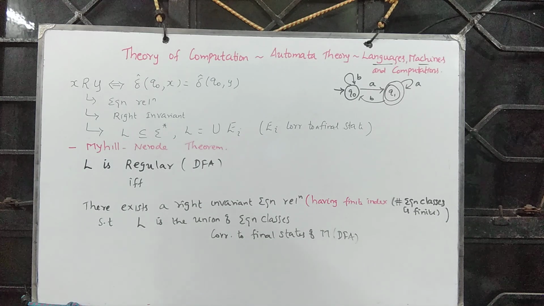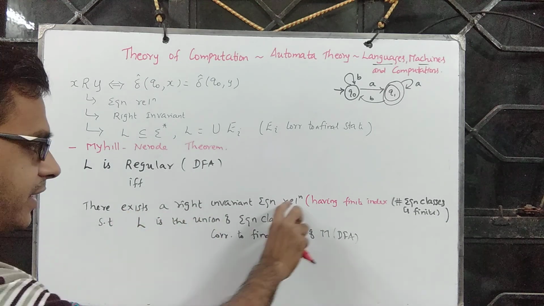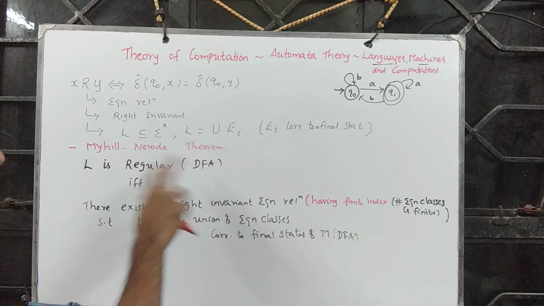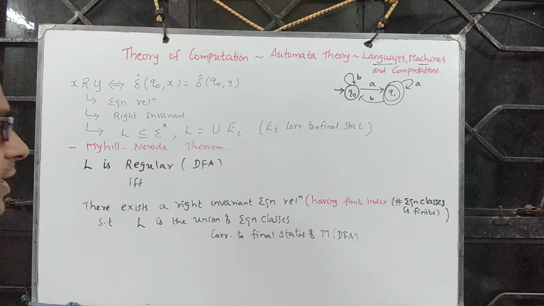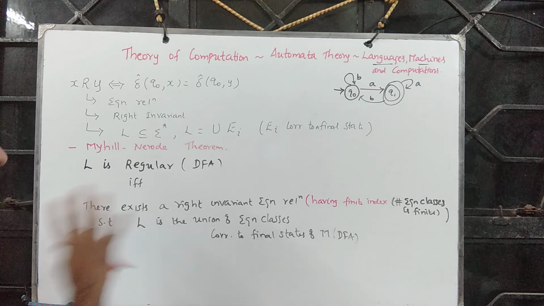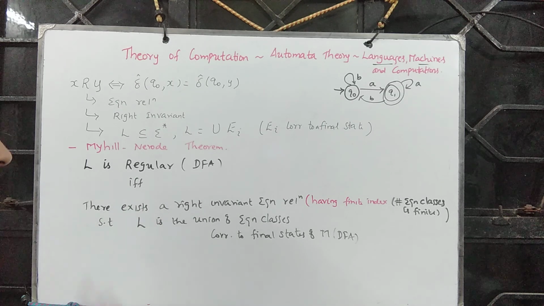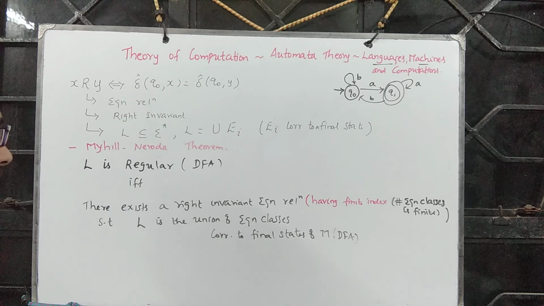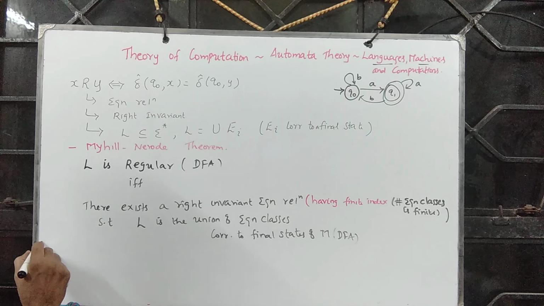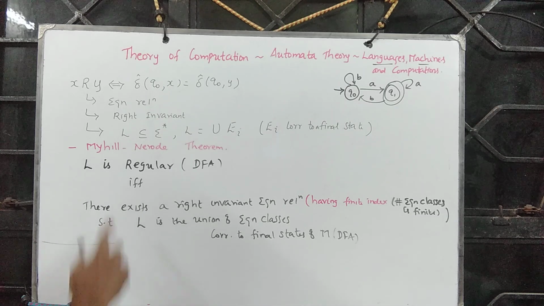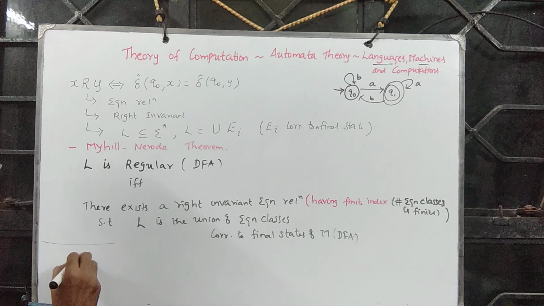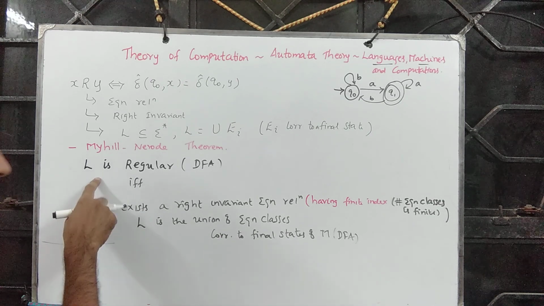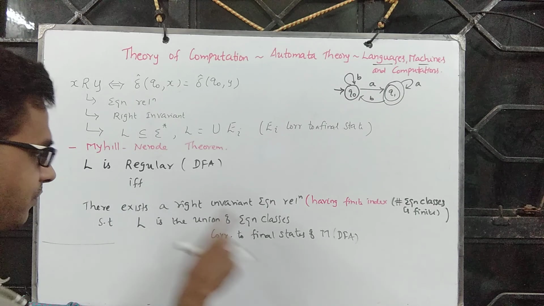So what we have seen is that through this equivalence relation one can understand sigma star, or through constructing a finite automaton one can understand sigma star, and they both are one and the same through this statement. Now the interesting part is the following, because it's if and only if. What it says is that regularity can be checked via this.